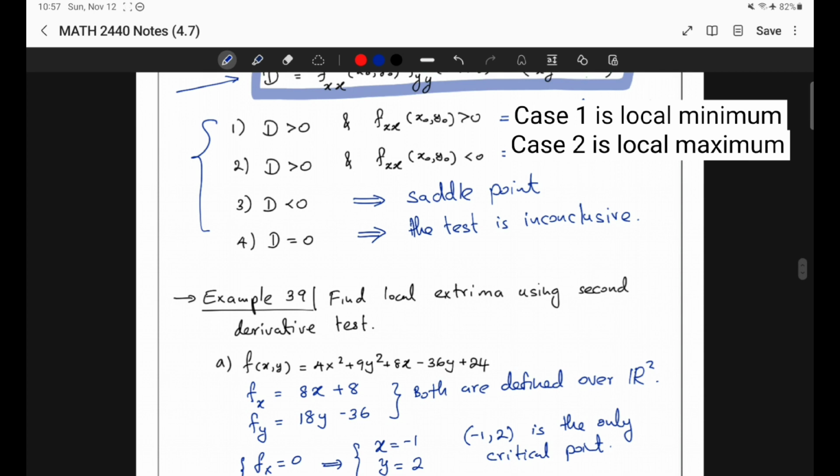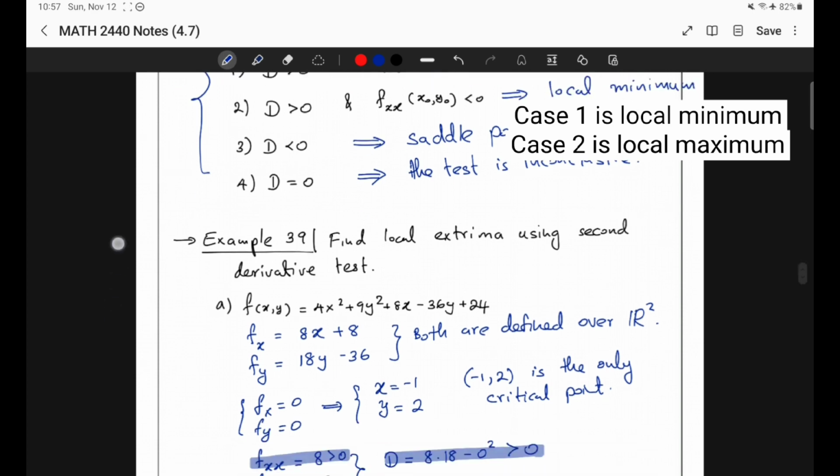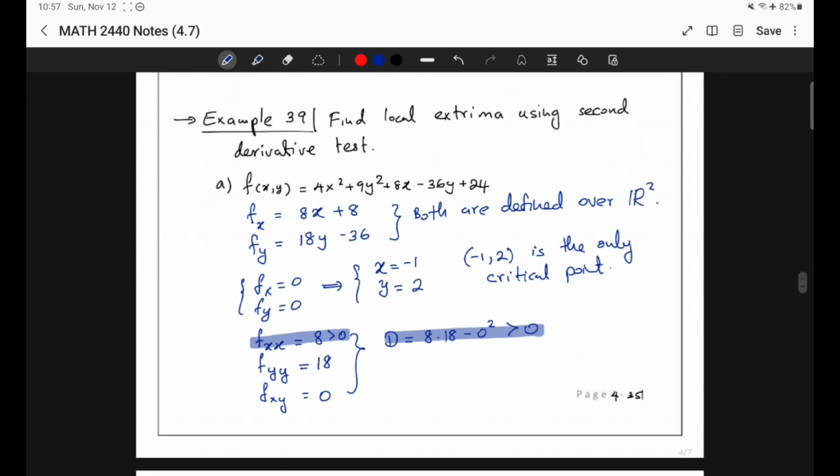Discriminant is positive and the second order partial derivative is also positive. That means it is a local maximum. Therefore, -1 comma 2 is a local maximum.